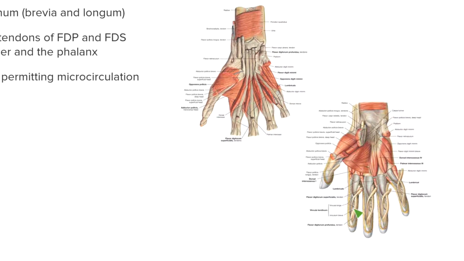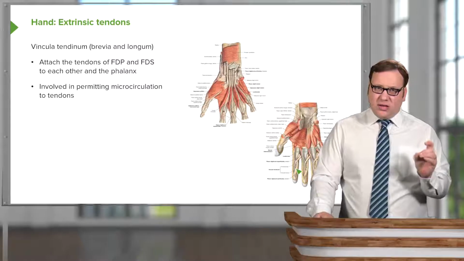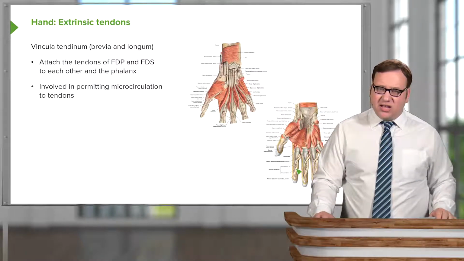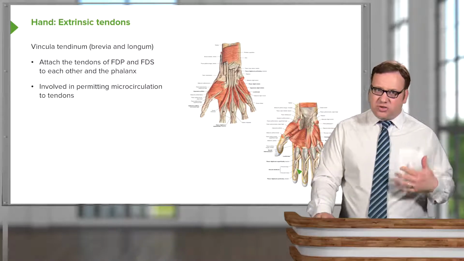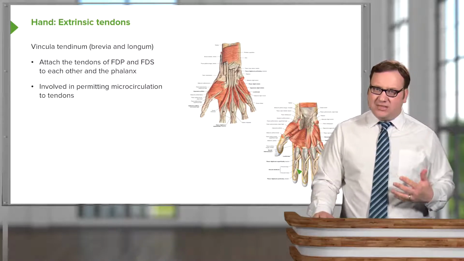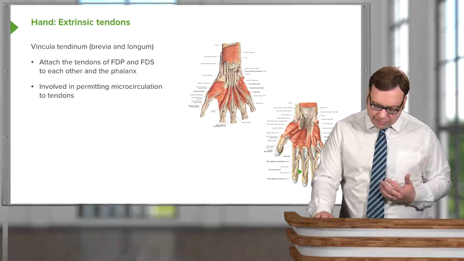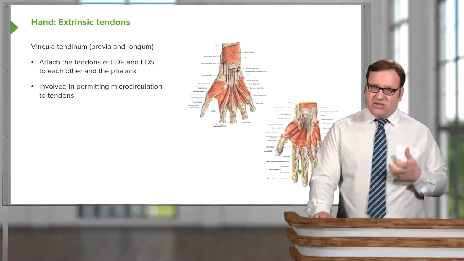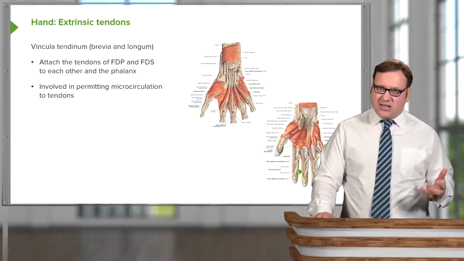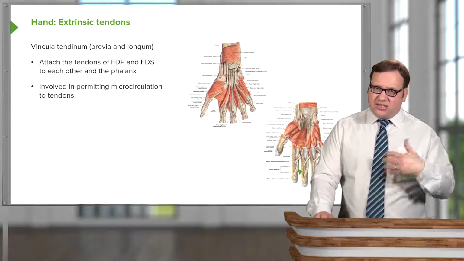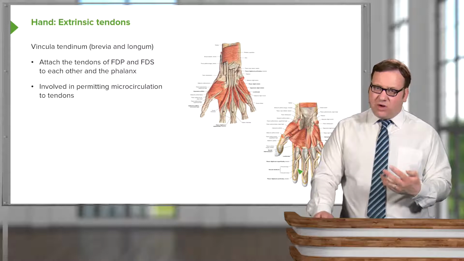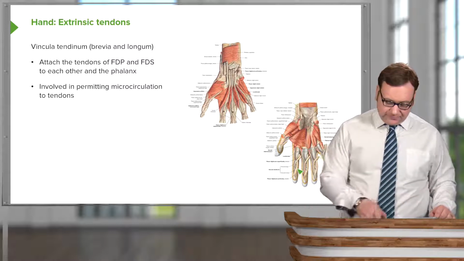These are important in connecting those 2 tendons to the tendinous sheaths and also in permitting some microcirculation. So these carry some micro blood vessels to the tendons for their blood supply, so the tendons can receive their oxygen and nutrients.